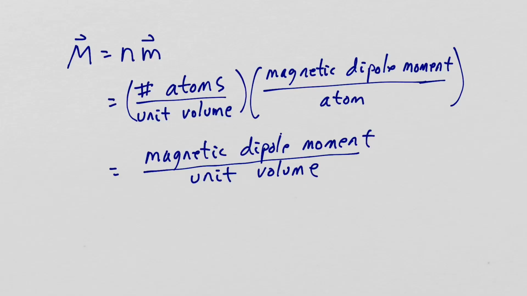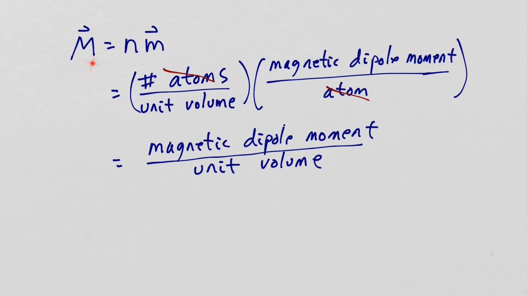So the magnetization is the magnetic dipole moment per unit volume. Since the magnetization is magnetic dipole moment per unit volume, you only have a magnetization where you have magnetic dipole moments. So magnetization only occurs within a material.